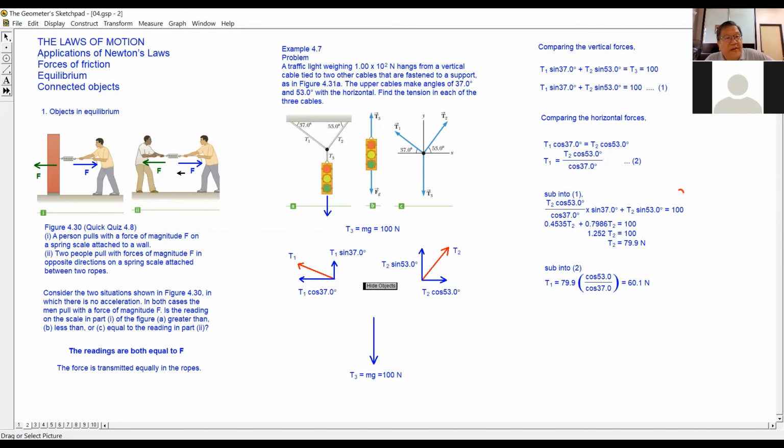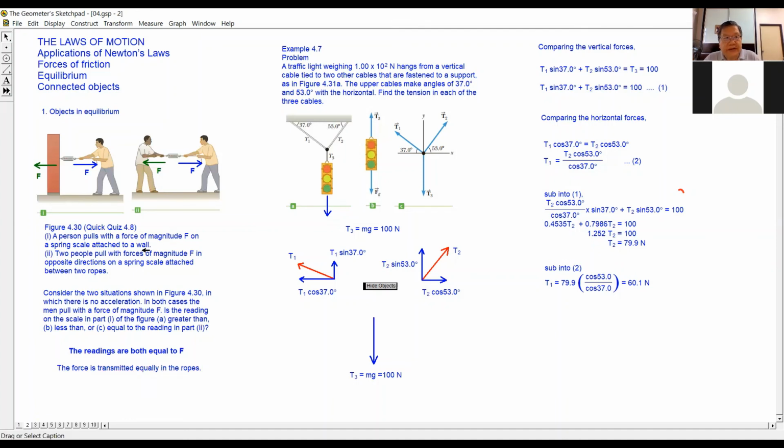If in both cases the man exerts a force of F, then in both cases the spring balance must also record a force of magnitude F. So the reading in diagram number 1 and diagram number 2 should be the same. The readings are both equal to F. Why? Because the man exerted the same amount of force in the first case and also in the second case, and this force is transmitted equally in the ropes.